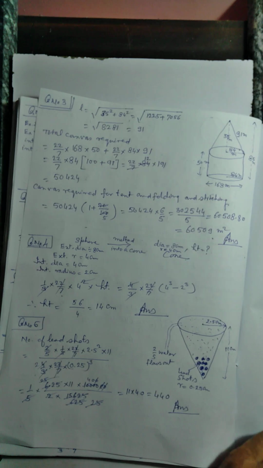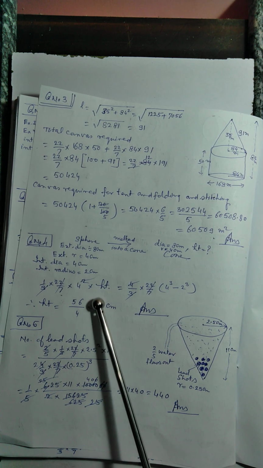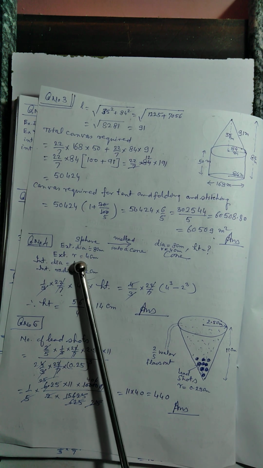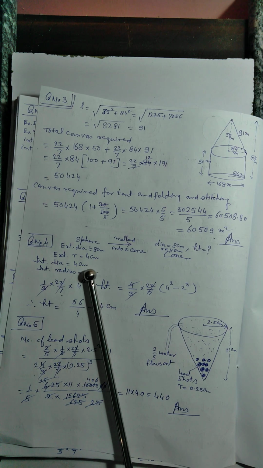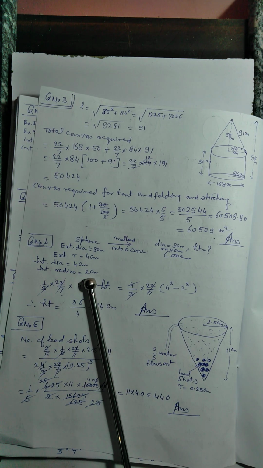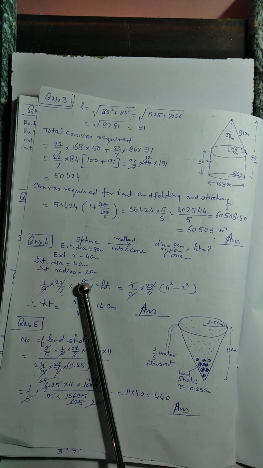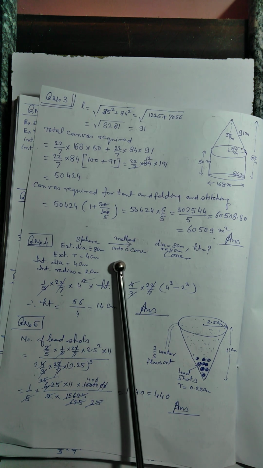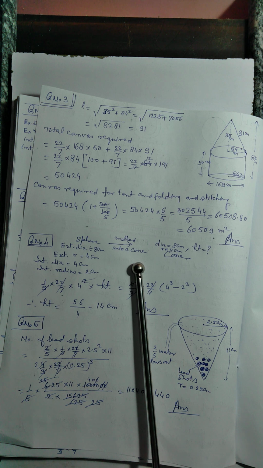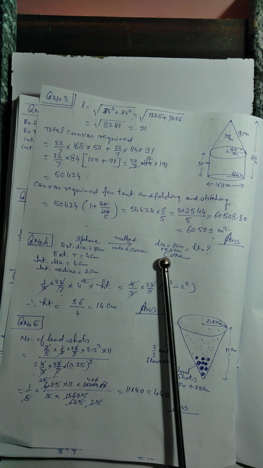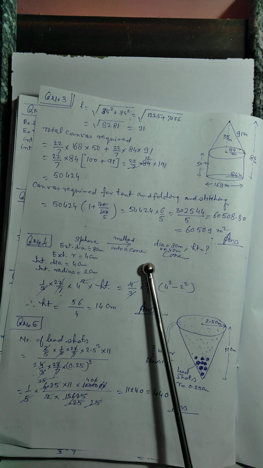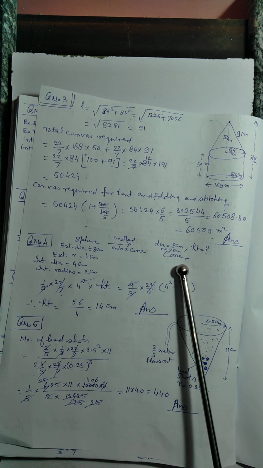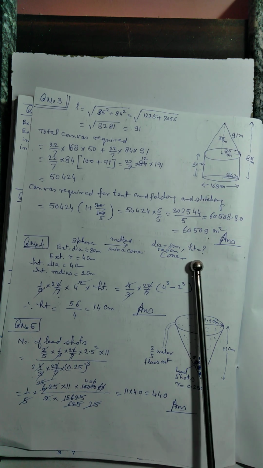Find the height of the cone. देखिए स्फीयर है जिसका एक्सटर्नल डायमीटर है 8 सेंटीमीटर, सो एक्सटर्नल रेडियस 4 सेंटीमीटर हो जाएगा. इंटरनल डायमीटर 4 सेंटीमीटर है, सो इंटरनल रेडियस विल बी 2 सेंटीमीटर. It is melted into a cone, so the diameter of the cone is given, that is 8 centimeter, so the radius will be 4 centimeter. We have to find the height of the cone.